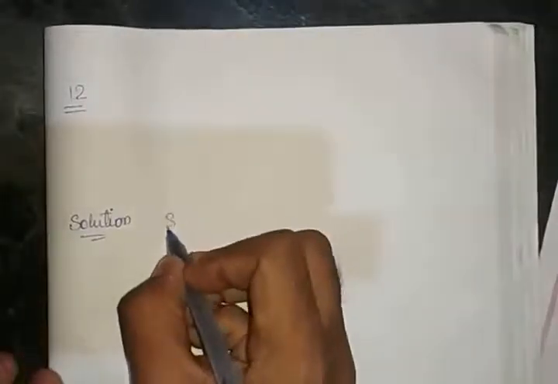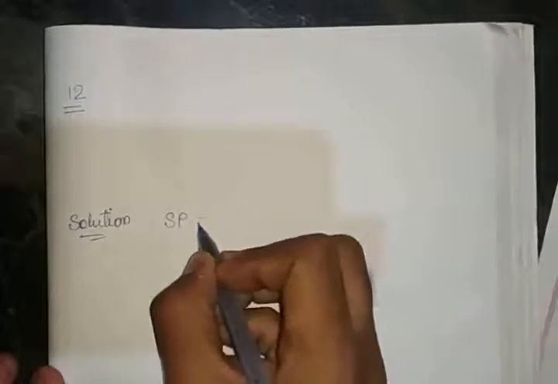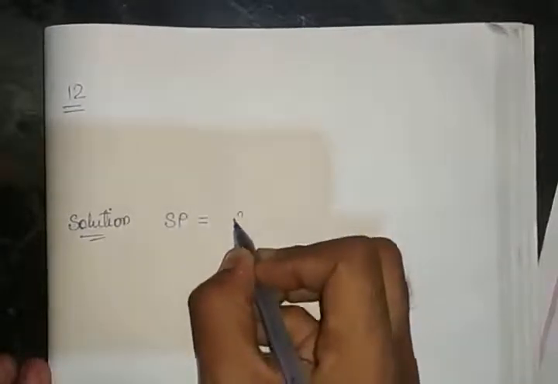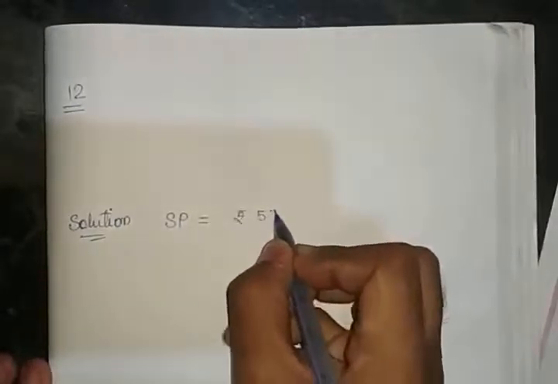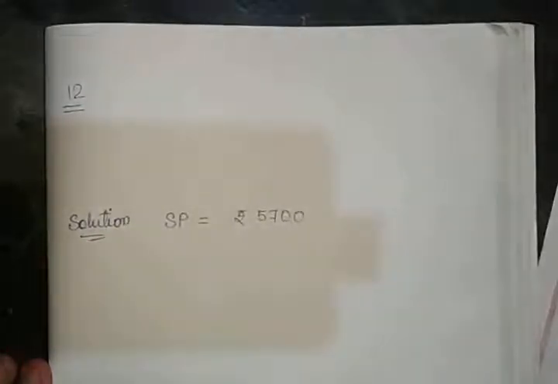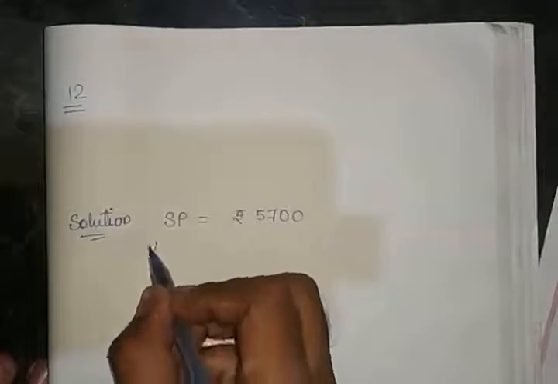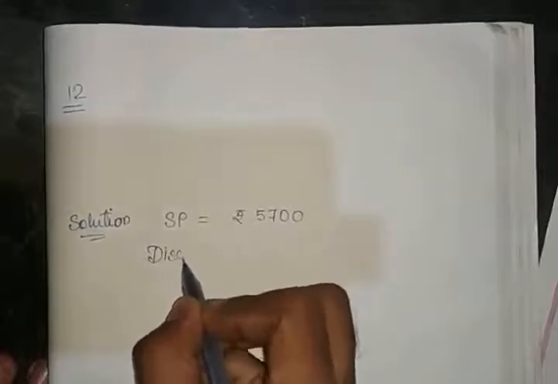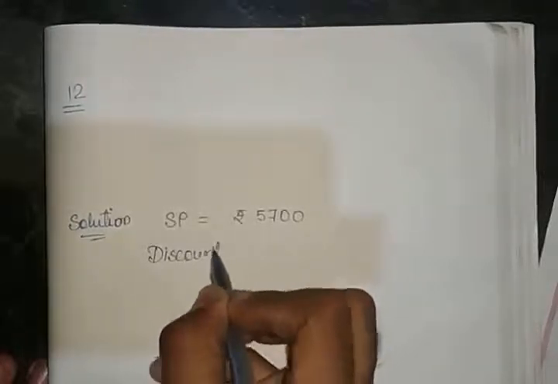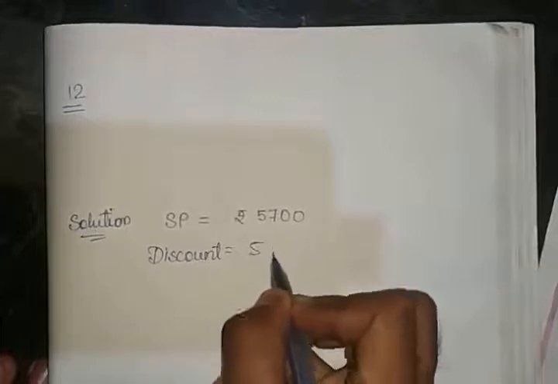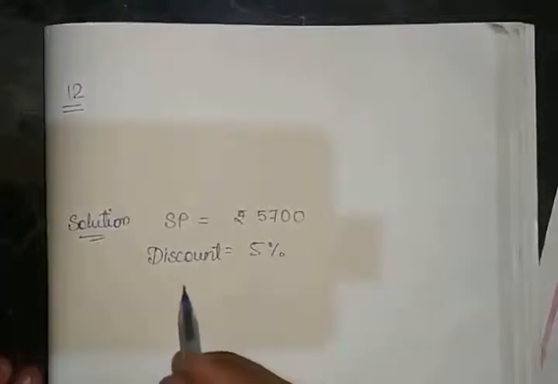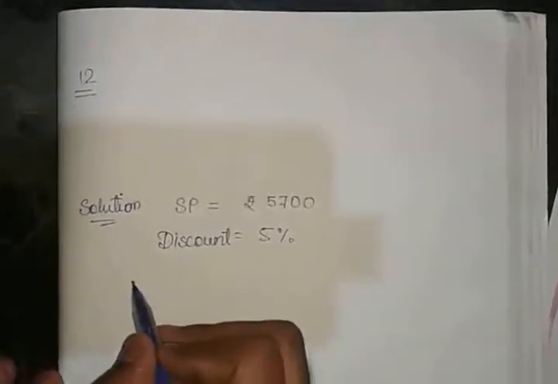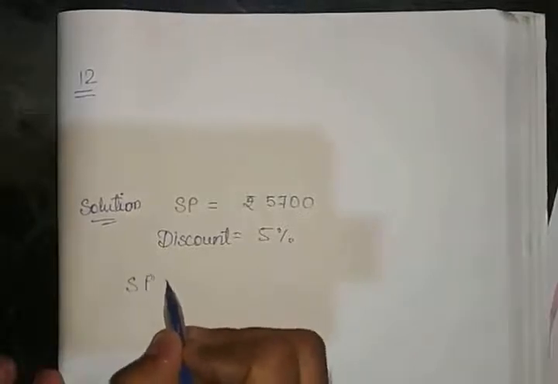Then what are we given? We have been given the selling price. The selling price is equal to rupees 5,700. Now what is the discount that is given? The discount is 5%. Now since we are given the discount, we can find the selling price.